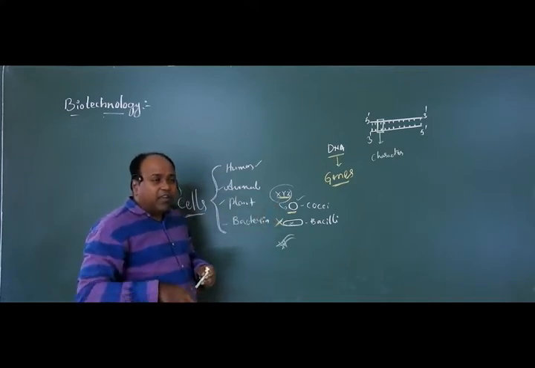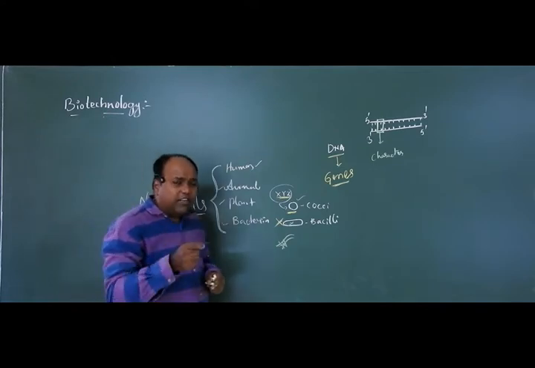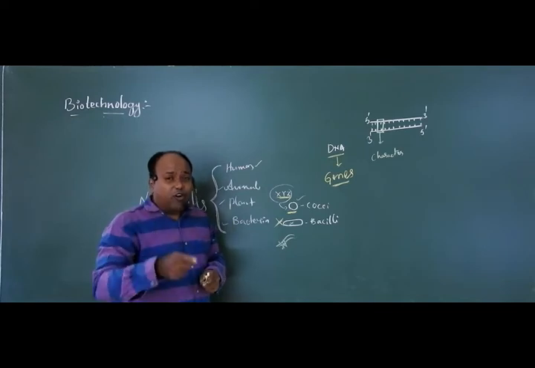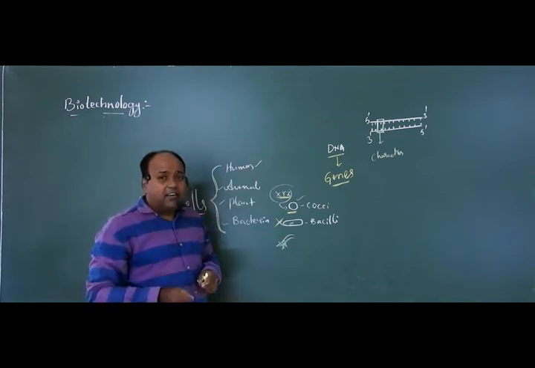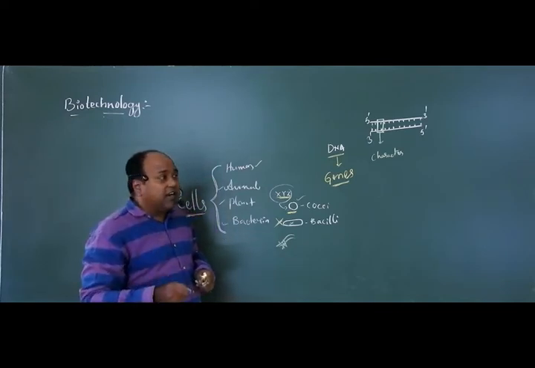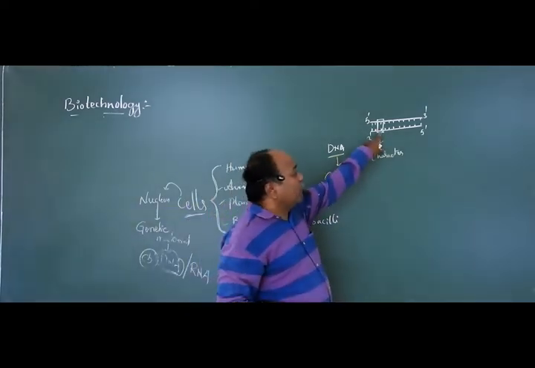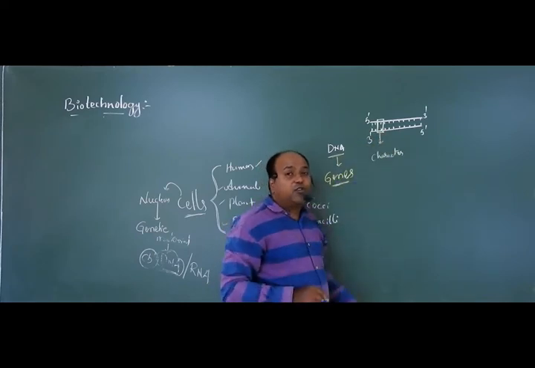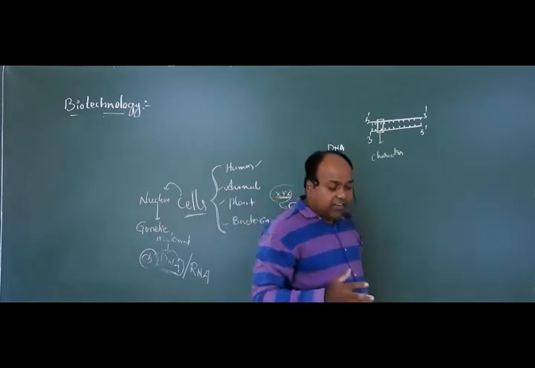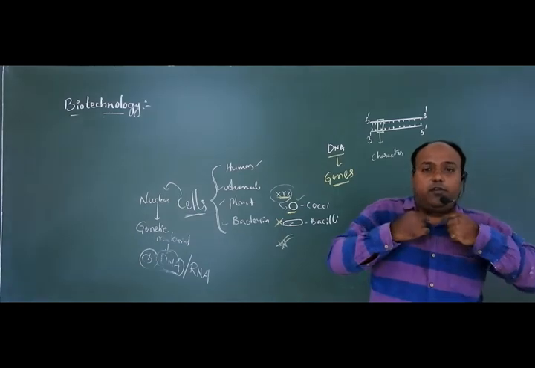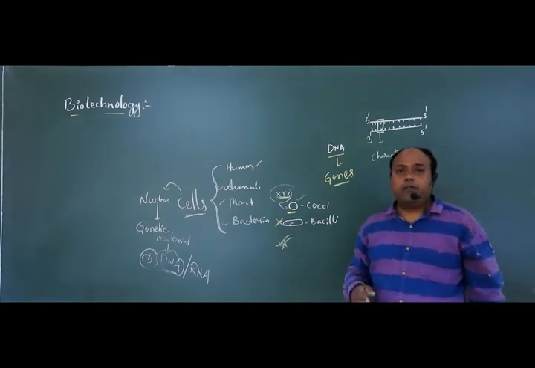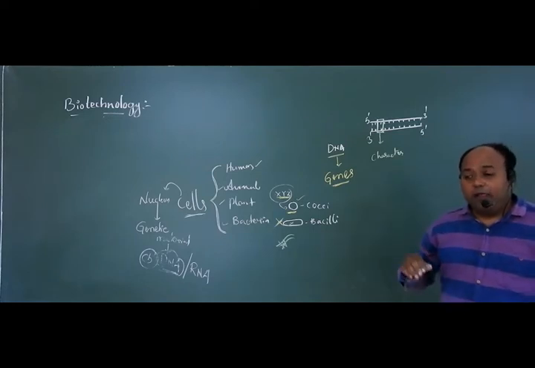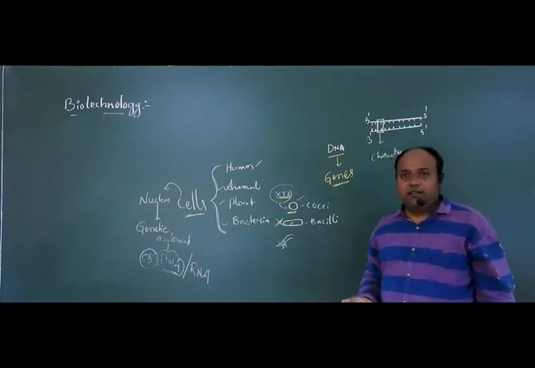Like that, whatever character is shown by each and every organism, that character is represented by a gene present on the DNA. I think you understood this concept. If anyone asks what is a gene, it is nothing but a part or portion on the DNA which represents a character.